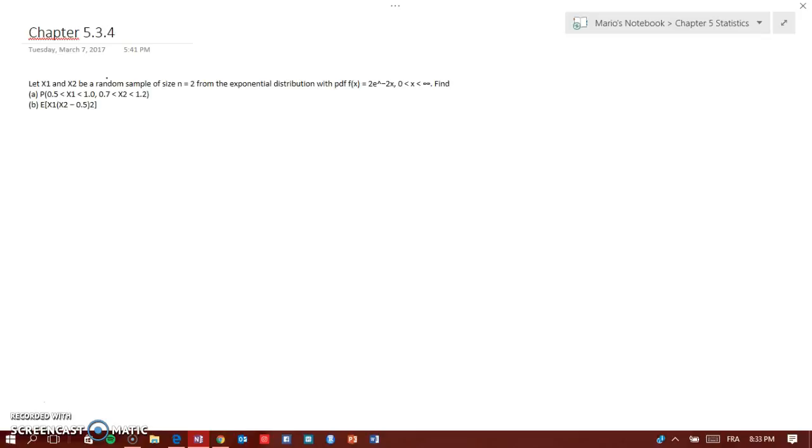So what we're going to do for part A is 2 times the integral from 0.5 to 1 of e to the negative 2x1 dx1 times 2 times the integral from 0.7 to 1.2 of e to the negative 2x2 dx2. All I did was take out the 2 and put it before the integral because it's the same thing.